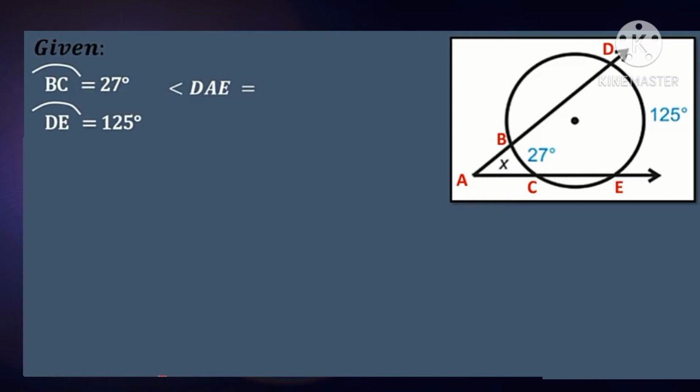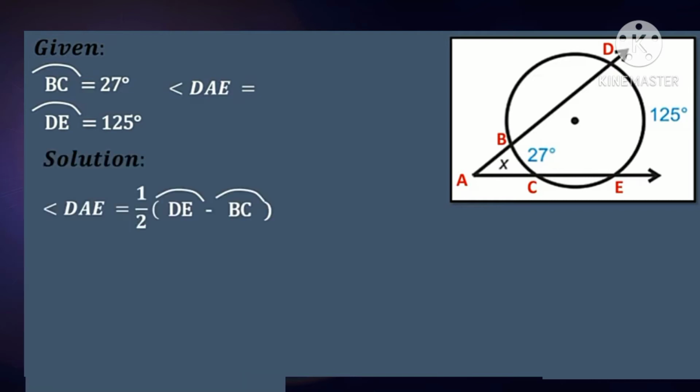Based on the exterior angle theorem, angle DAE is equal to 1/2 of arc DE minus arc BC. Let's now substitute the values from the given. So angle DAE is equal to 1/2 of 125 degrees minus 27 degrees.